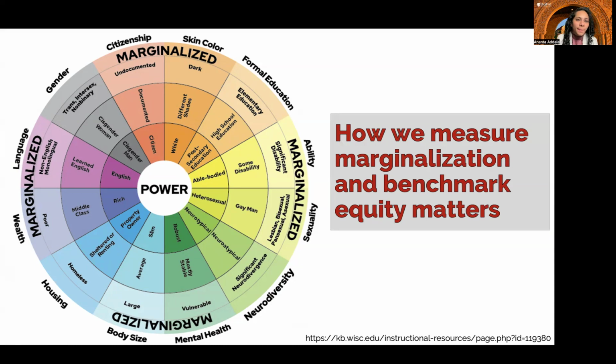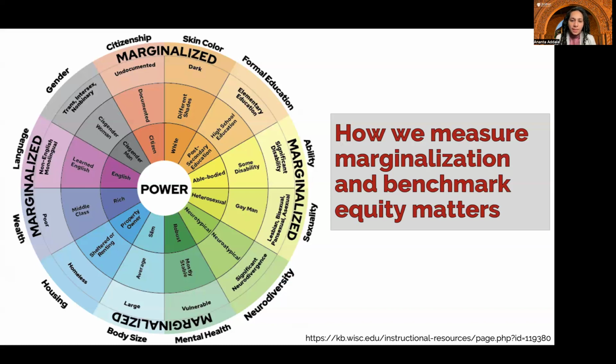And so there are these multiple ways that people can have an identity, and as you look in this image, the center is those who hold power, and the outsides is those who are more marginalized. And you can see all of the various identities that a person can hold, and how, although you might be marginalized in some areas, you might actually hold privilege and power in others, and vice versa.